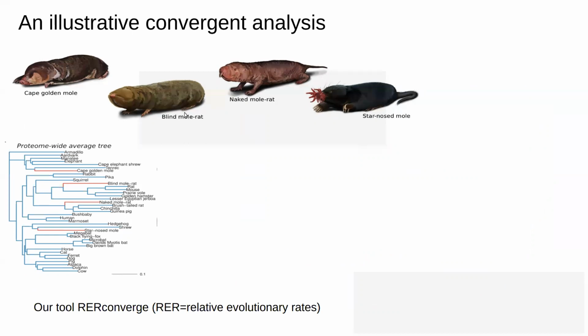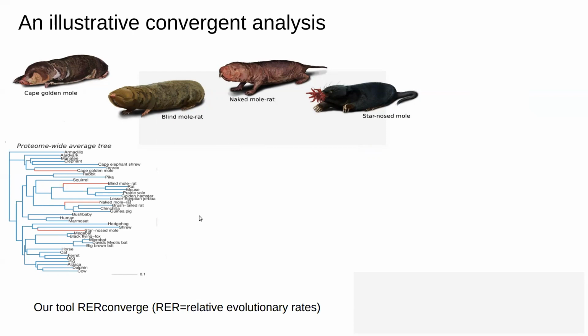in terms of what we might find biologically. So the trait we're looking at here is subterranean habitat, and it has evolved independently multiple times in the mammalian phylogeny, as illustrated here in this tree with the red branches. And you can see that visually, these species actually look very similar, having evolved a very similar body plan.